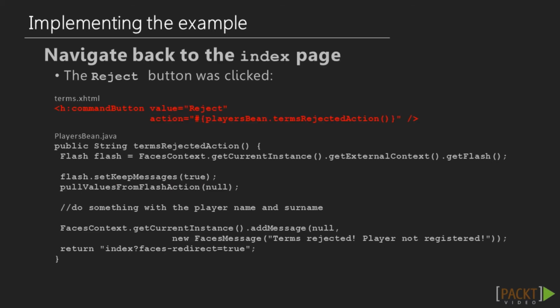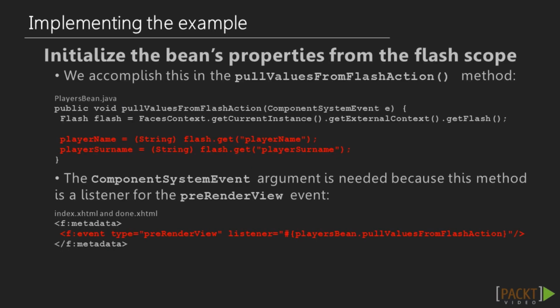Okay, now for the reject button, the implementation is almost the same. Actually, we just fire another message that reports the rejection of registration, and we navigate via redirection to the index page. Next, let's check out the pull values from Flash action method.